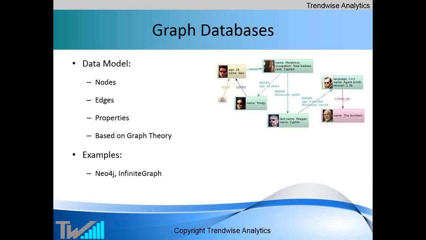Then we have graph databases, which are very helpful, very powerful when we are creating something like a social media application. And this is also based on graph theory. And here the data model is quite different from others.